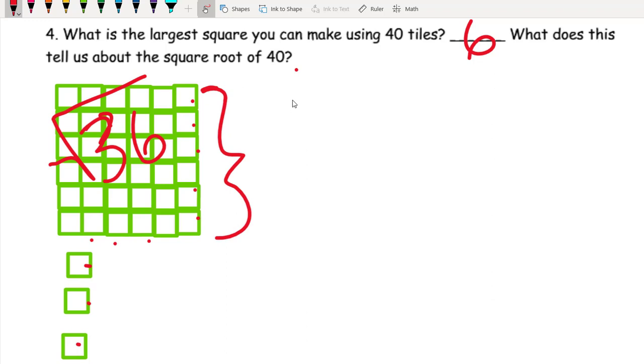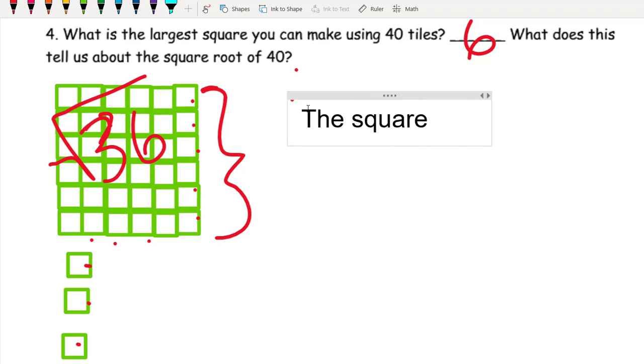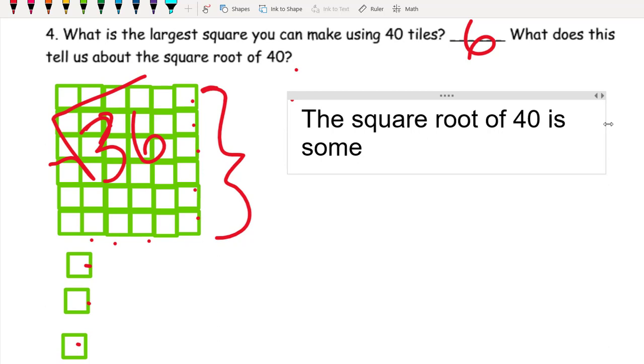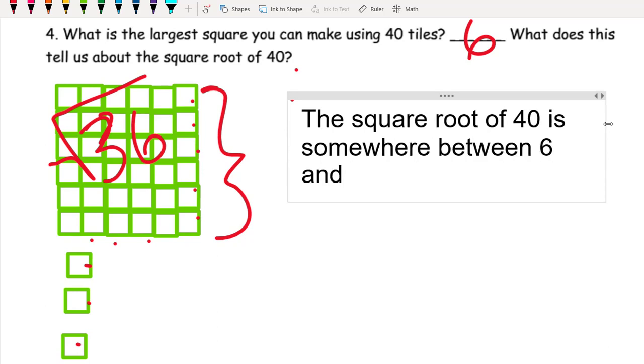Well, it should tell you that the square root of 40 is somewhere between 6 and 7. That's all we can tell at this point. Somewhere between 6 and 7, so 6 decimal something, or 6 and some fraction.